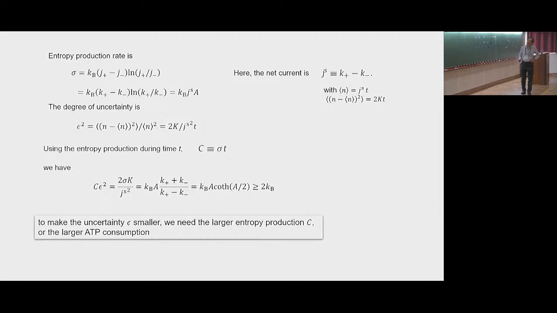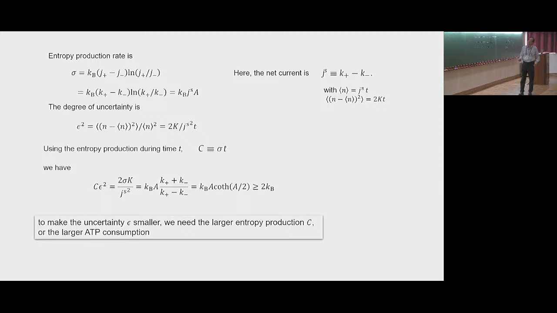We can define the degree of uncertainty as the ratio between the dispersion and the average squared. And this can also be calculated because we have the explicit solution for dispersion and average. We can write it like this in this one-dimensional lattice system.